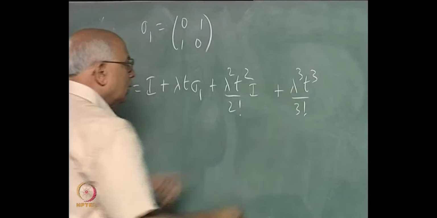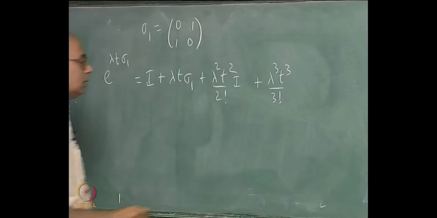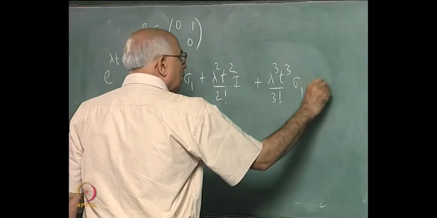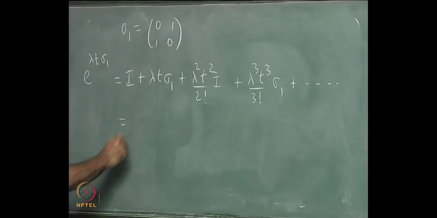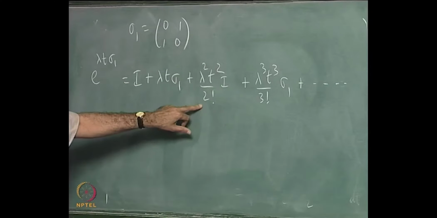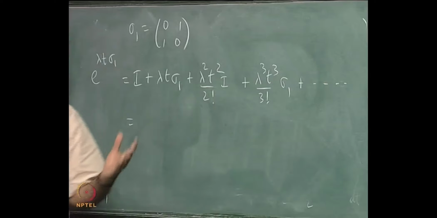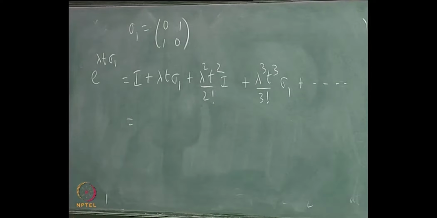3 factorial sigma 1 cubed, but sigma 1 squared is the unit matrix, so it is just sigma 1 plus dot dot dot, and I gather all the I's together, and I have 1 plus lambda squared t squared by 2 factorial plus lambda to the power 4 t to the power 4 over 4 factorial, etc., ad infinitum, and what is that equal to?